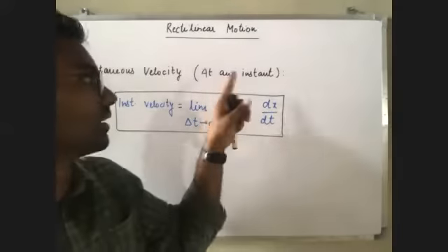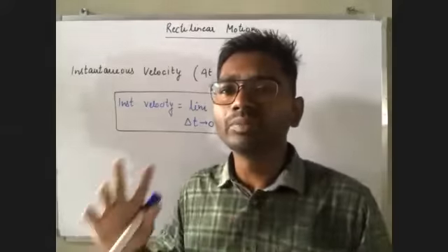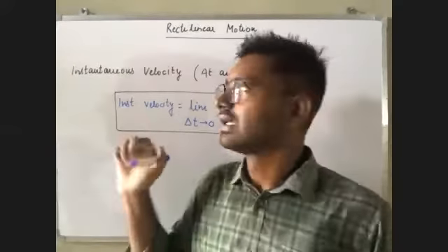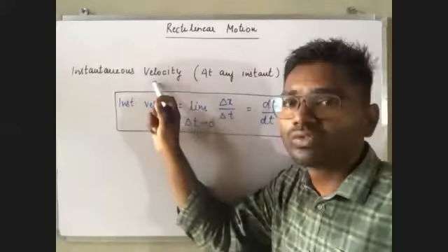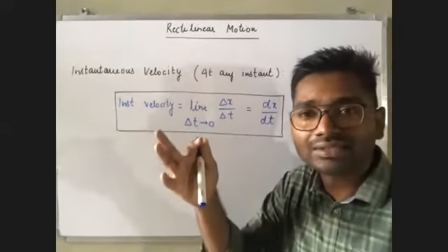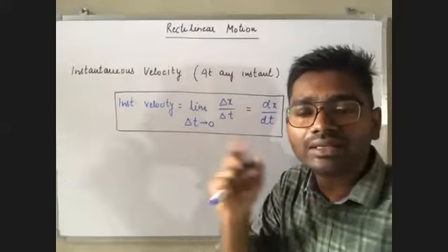This is displacement, since I am talking about velocity. Don't get confused; it is very simple to differentiate. If I am talking about velocity, which is a vector quantity, then this will be displacement. After some time, I am going to talk about average speed and instantaneous speed. Speed is a scalar quantity, so in that case we will take the distance.